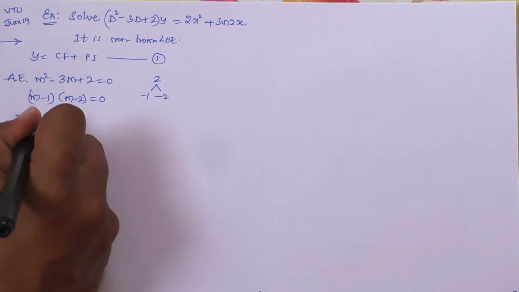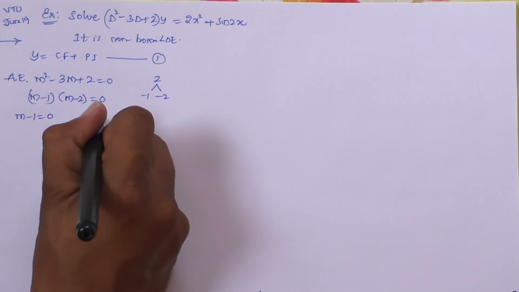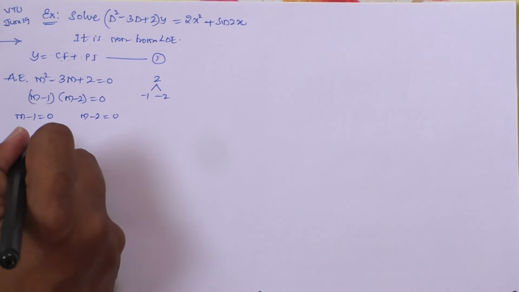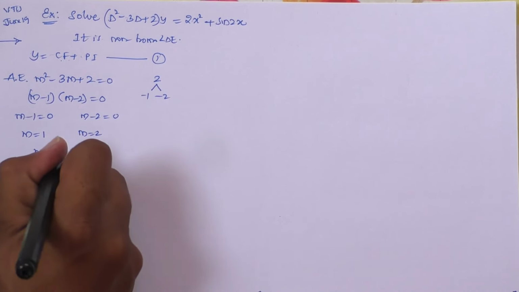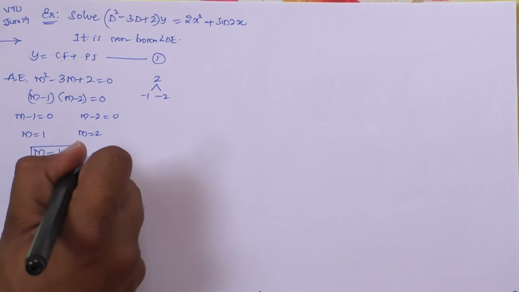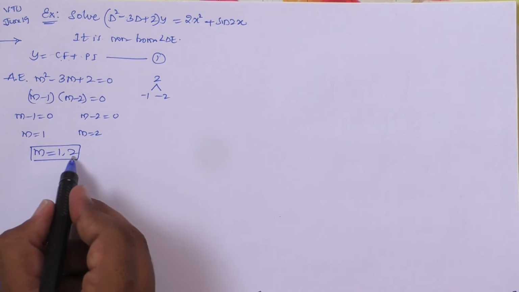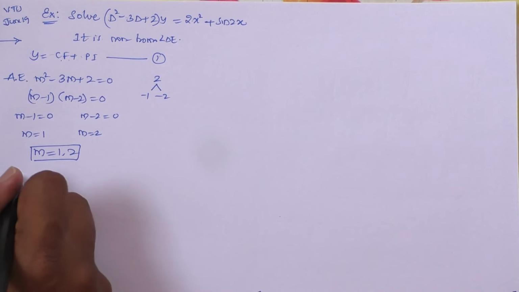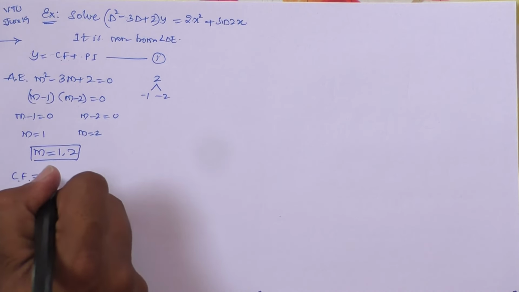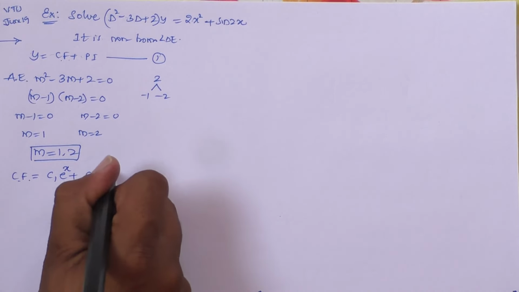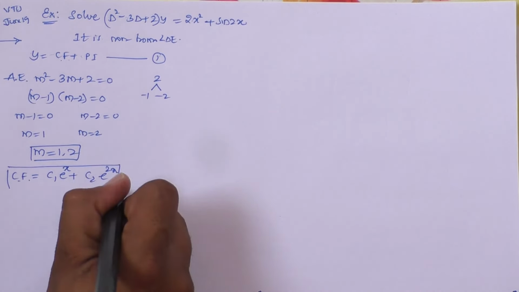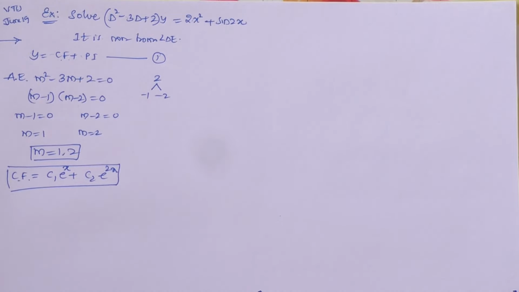So m values are 1 and 2. Once you get this, find the nature. These are real and not equal, 1 is not equal to 2. So in case of distinct roots, CF we write as c1 e raised to 1x plus c2 e raised to 2x. So this is the CF, half of the solution we got.